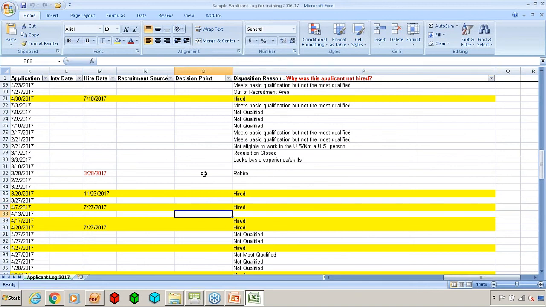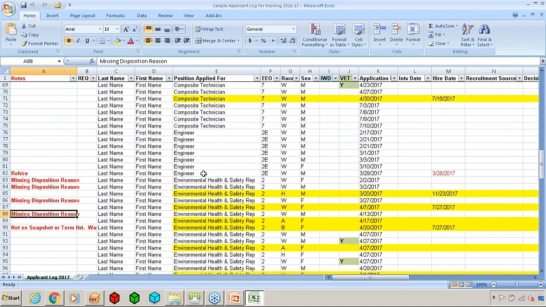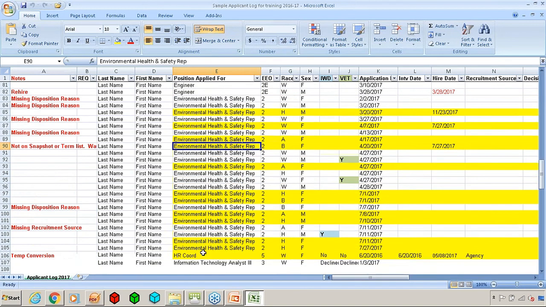So the OFCCP does not know why these individuals were not hired. This particular person says they were hired, but they were not hired because they're not on the snapshot. They were not terminated. Where did they go? If they were hired, they should be on the snapshot data. So they were not. So you want to watch for that.